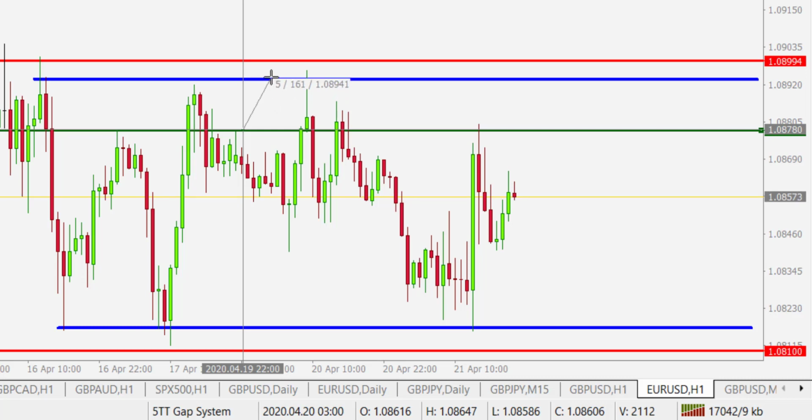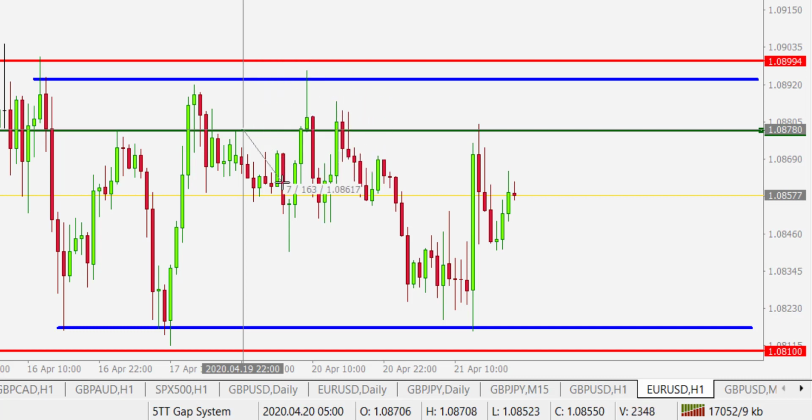So if I check that now, it is 16.1 pips. Oh no, that's where I want it to be here, the red one. So from my entry, that is 21.4 pips. So if I want to do 1 to 2, then I need to be looking for a take profit that is 42 pips.